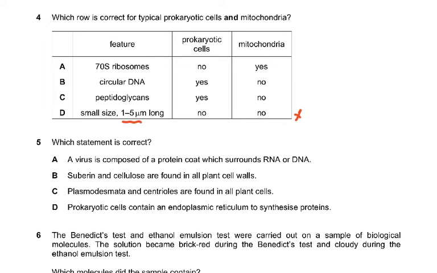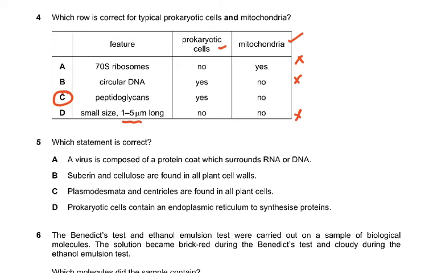Then 70S ribosome is present in prokaryotes and bacteria, so this is wrong. Circular DNA is present in both, so this is wrong. The only answer which is correct is C, peptidoglycan. The prokaryotic cell wall is peptidoglycan, and in mitochondria it is not. There is actually no cell wall in mitochondria.